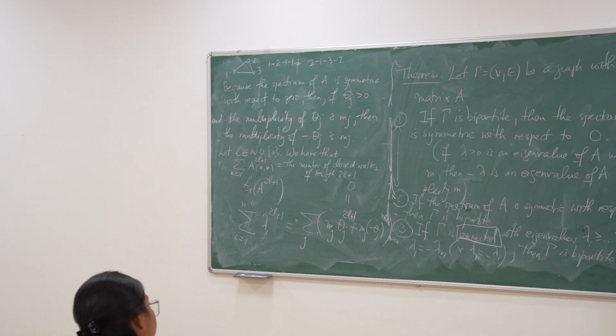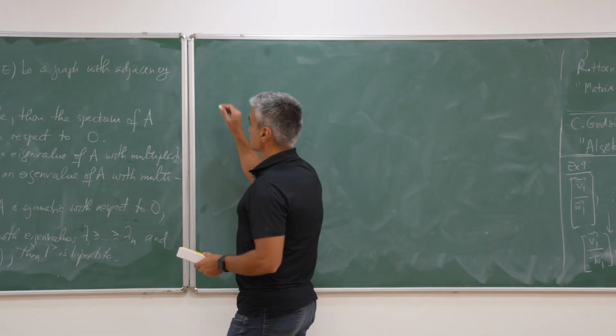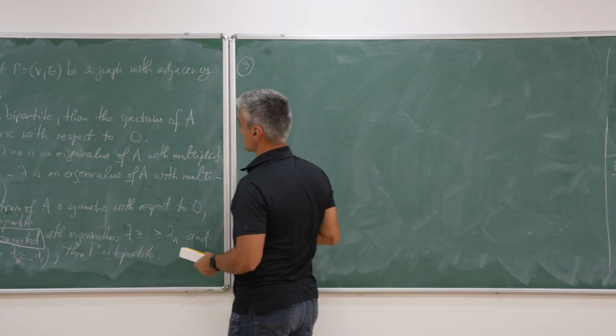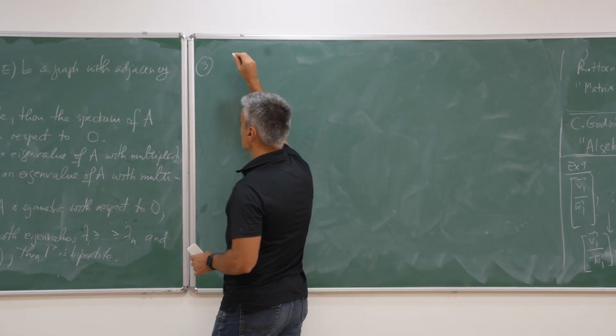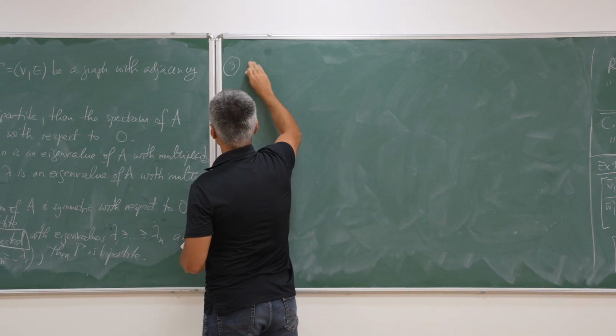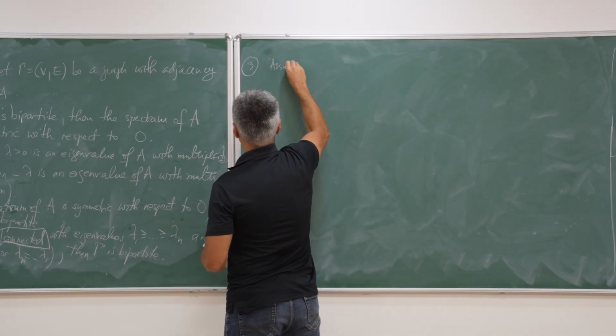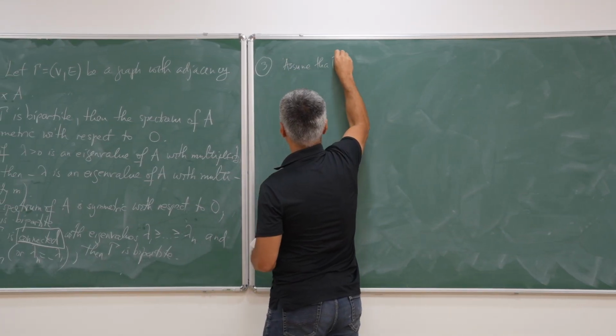Now let's go to 3, because 3 is the more interesting part, and you have to be careful about it. Assume you have a connected graph.